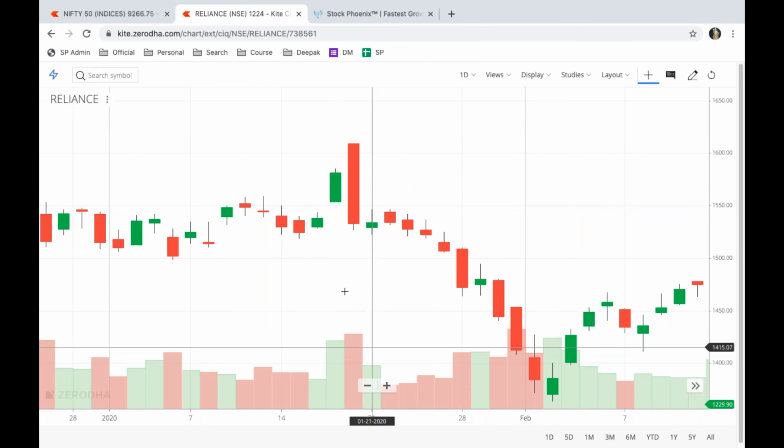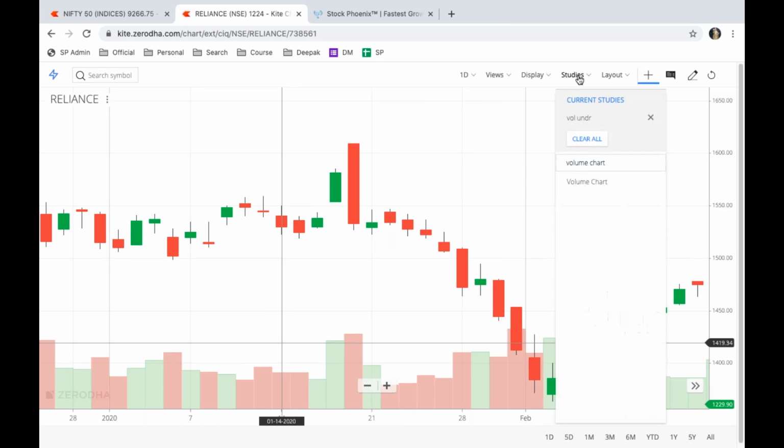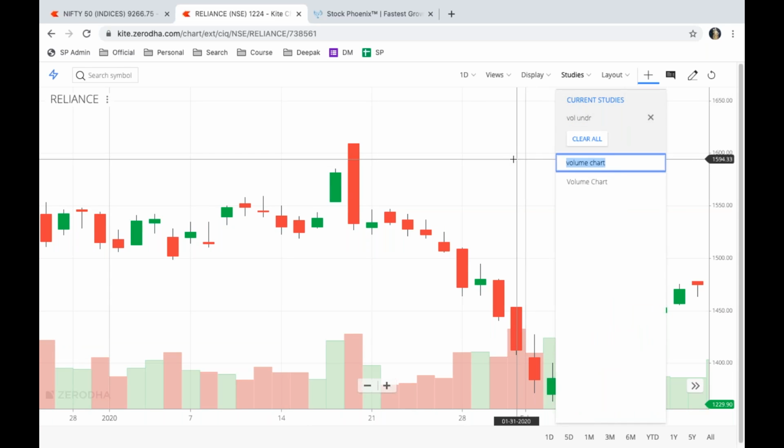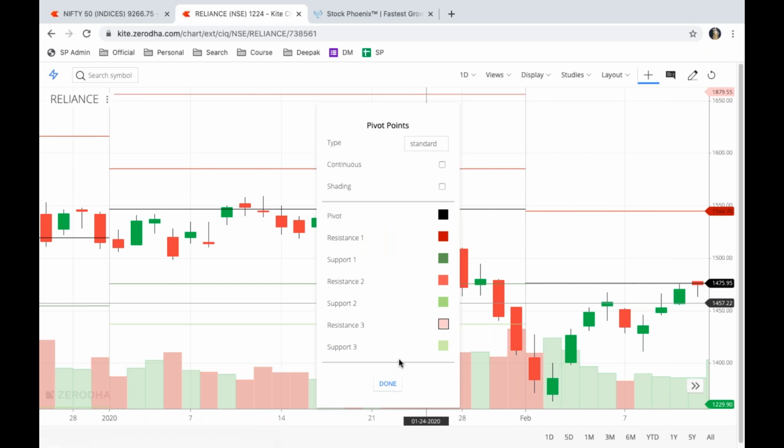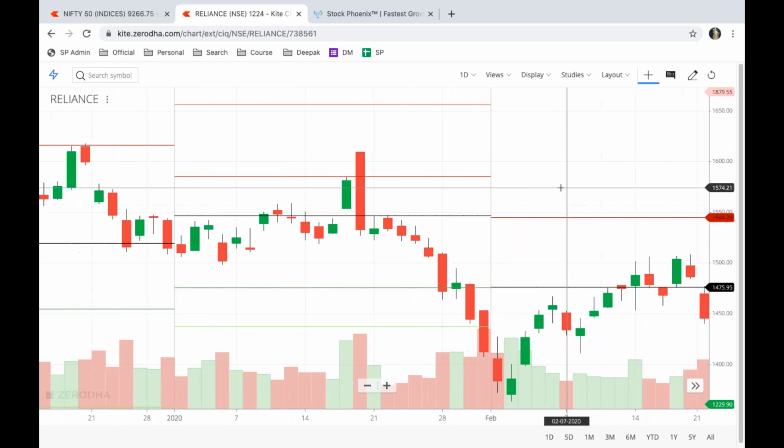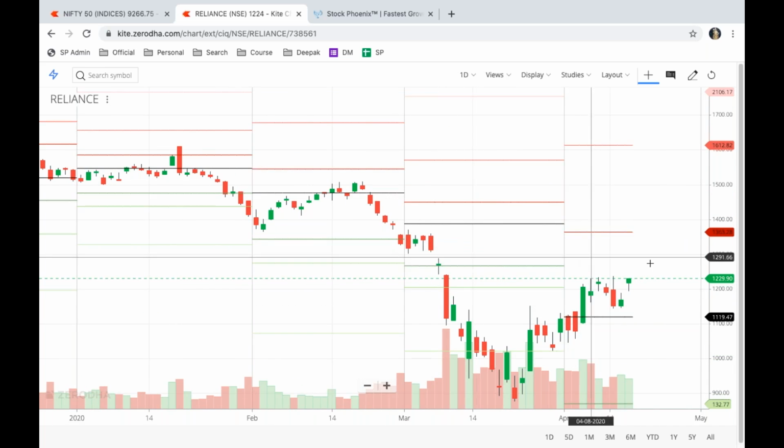Okay, let's keep this volume indicator. So we have added the pivot in this particular thing.